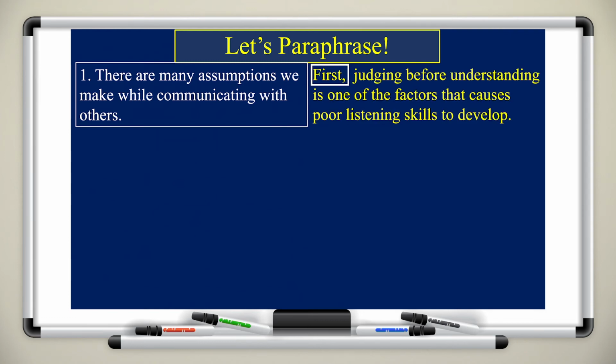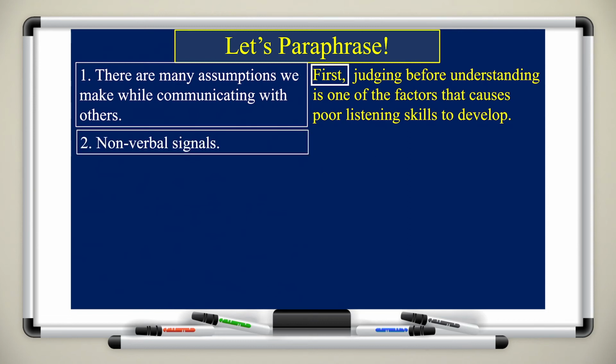Notice how we used first at the beginning, and we said using transition words is very important in summary and also in writing. Now, first, judging before understanding is one of the factors that causes poor listening skills to develop. This is how we paraphrase the first idea.